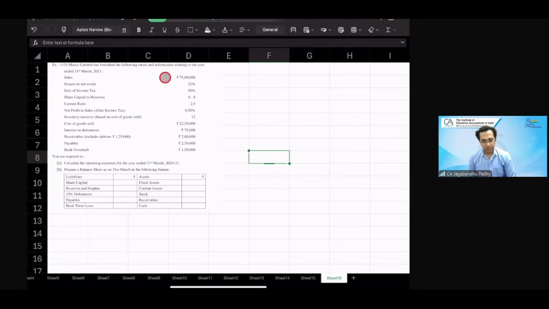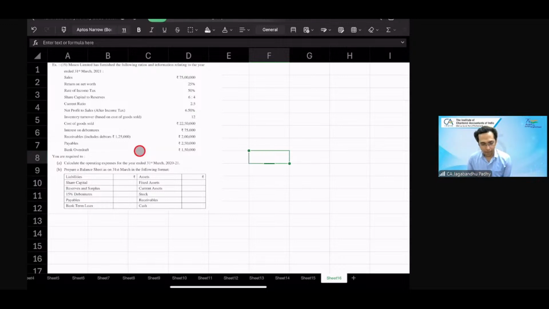Let's say sales is 75 lakh, return on net worth is 25%, rate of income tax is 50%, share capital to reserves ratio is given 6:4, current ratio is 2.5, net profit to sales after income tax is 6.5%, and inventory turnover based on the cost of goods sold is 12, and the cost of goods sold is given 22 lakh 50, interest on debentures, the receivables amount is given, payables is given, bank OD is given. You have to calculate the operating expenses.